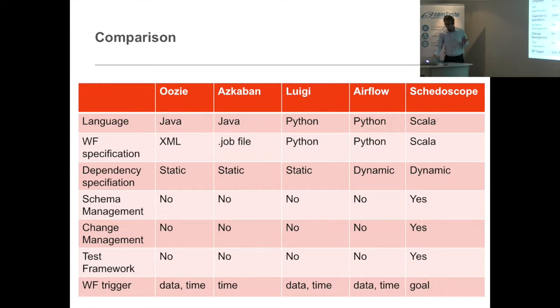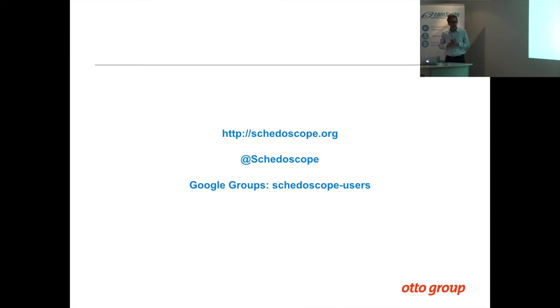Yeah, so far about the main contents of the talk itself. As I said, Schedoscope is open source. Basically, it's for free. There's a tutorial that runs on a standard Cloudera virtual machine, which you can try yourself. We are on Twitter.